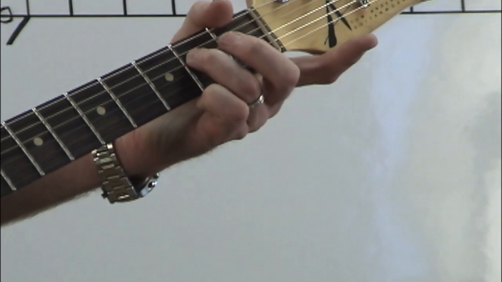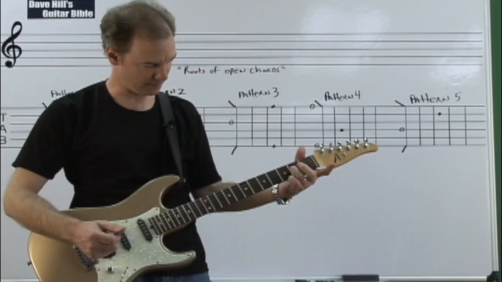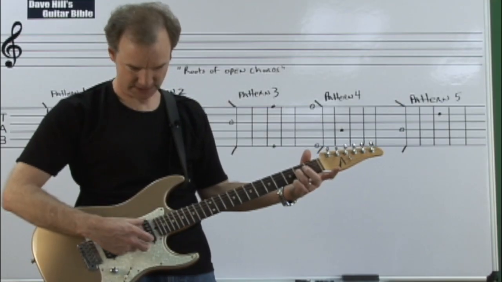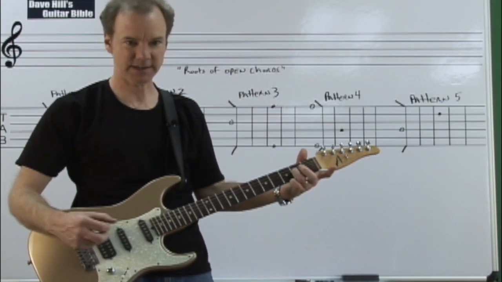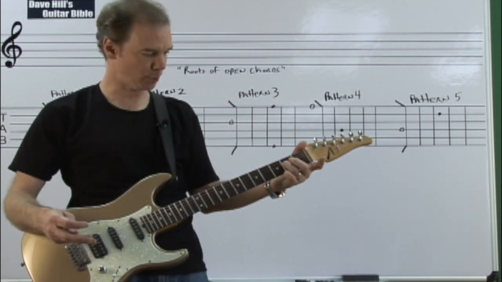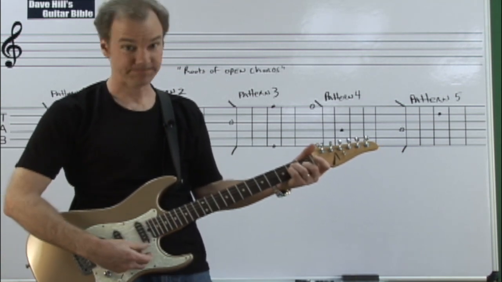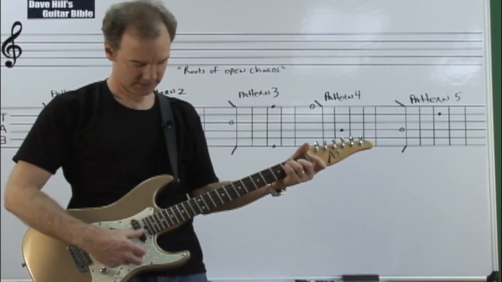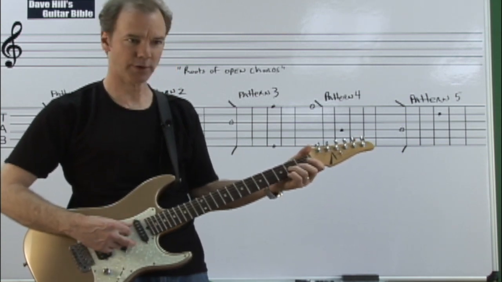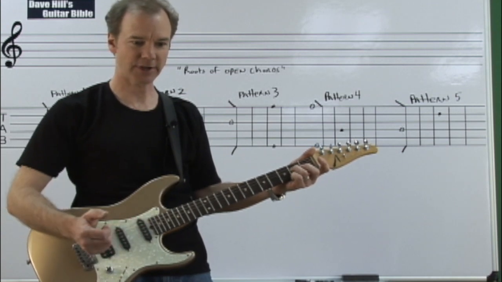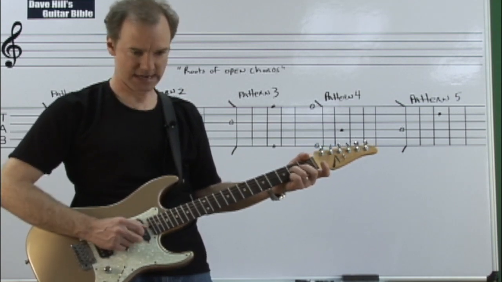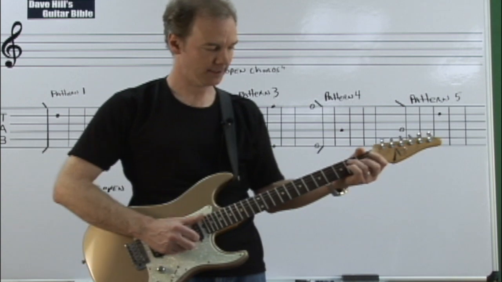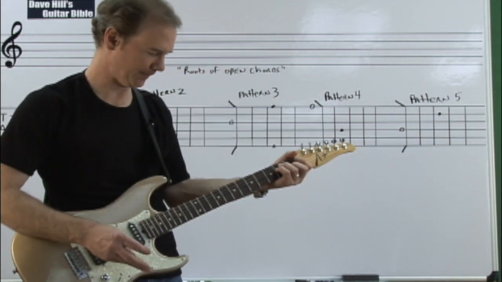So that forms 3 roots here in the outside E's and the middle E on the D string. And you might recognize that root pattern from a chord like this where you play an E chord. Okay, very typical of an open E chord. Okay, but those are where the roots are. There's 3 of them, the outside strings and the inside E. Okay, so that's what we call pattern 4.